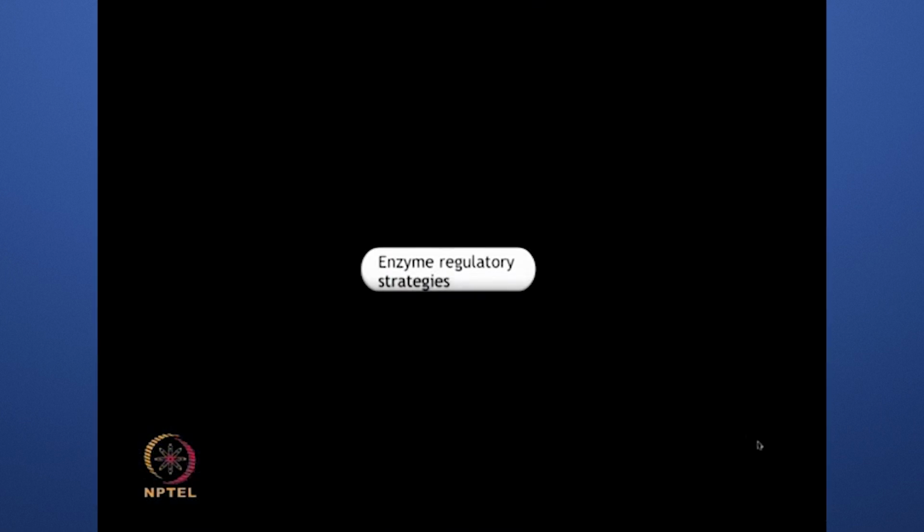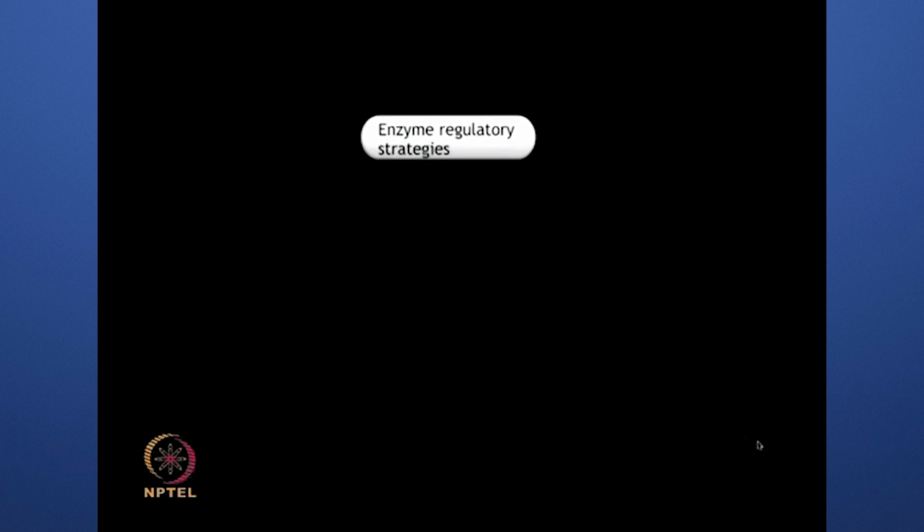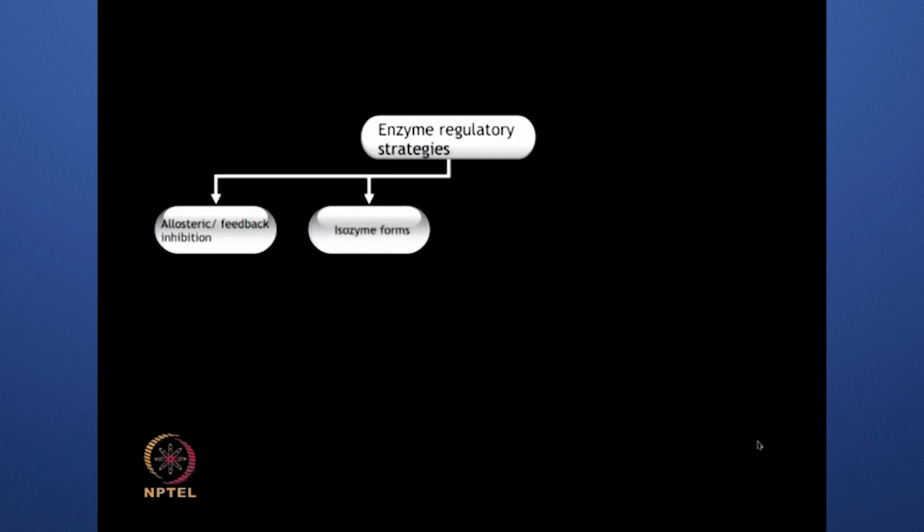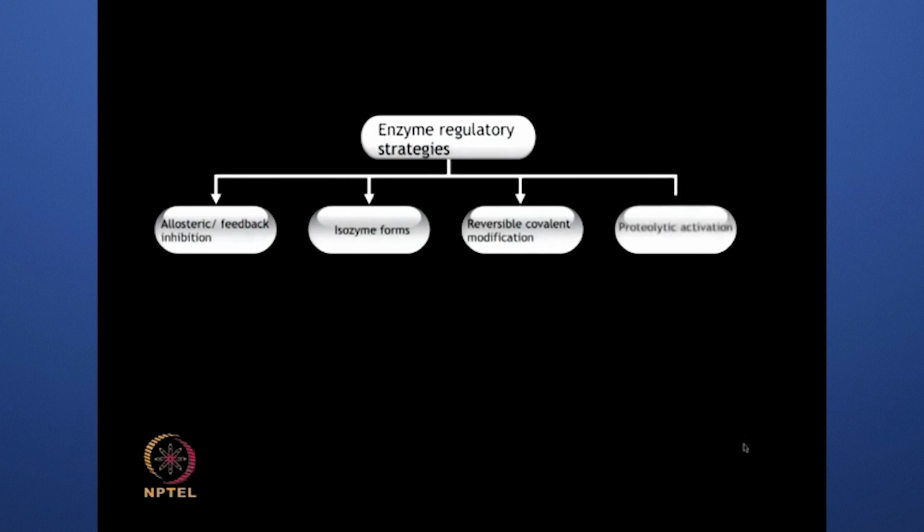The activity of all enzymes must be regulated to ensure that they function only to the desired extent at the appropriate locations within an organism. Common mechanisms of regulation include allosteric or feedback inhibition, control of isozyme forms, reversible covalent modifications and proteolytic activation.